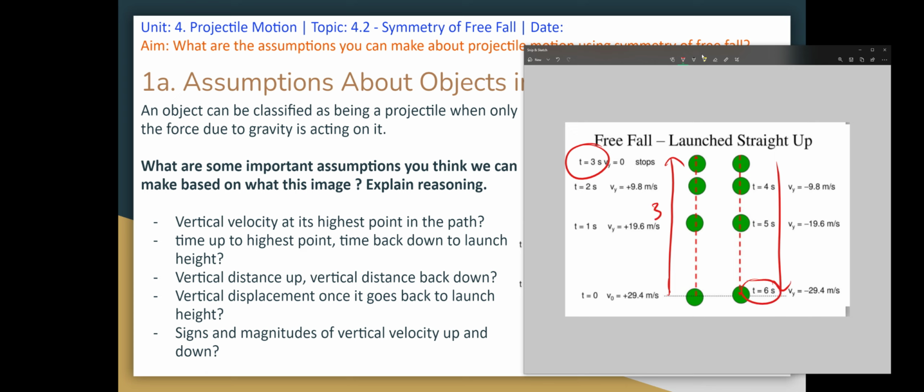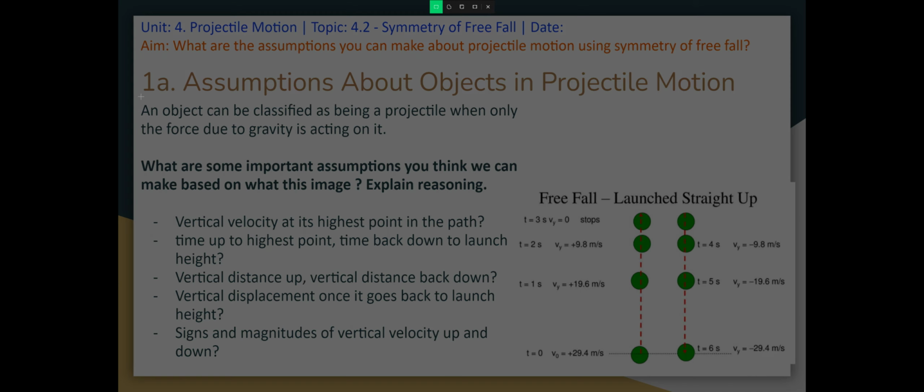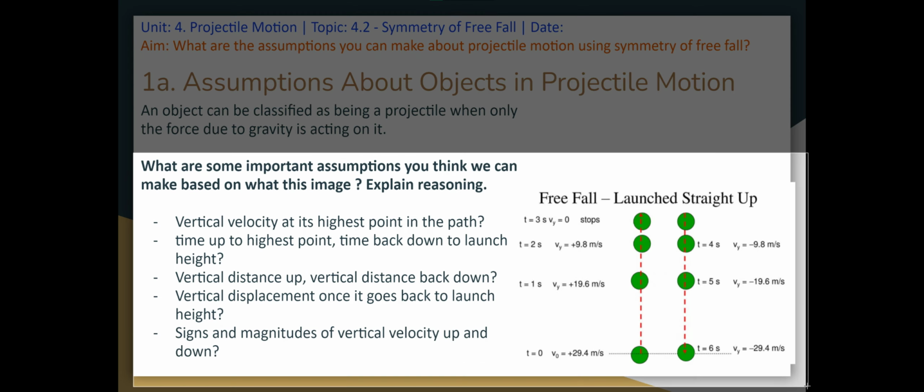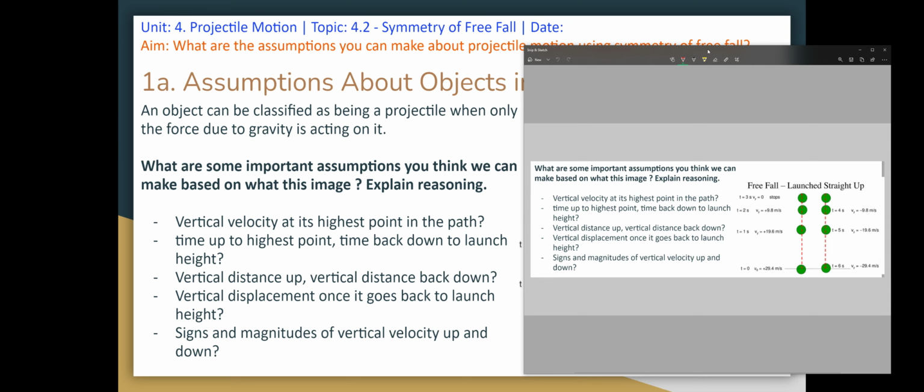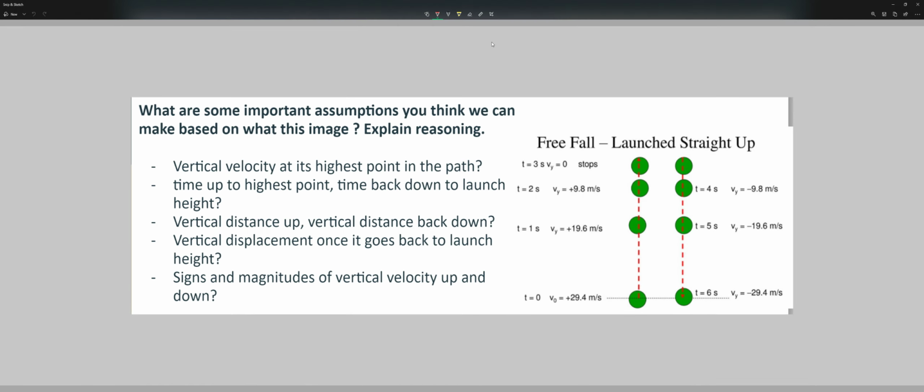So it takes 3 seconds to go up, 3 seconds to go back down. So you can say that the time upward is the same time it takes for the object to go back down. Same time up and same time back down.